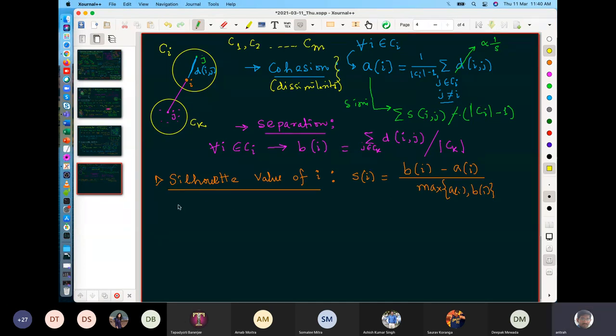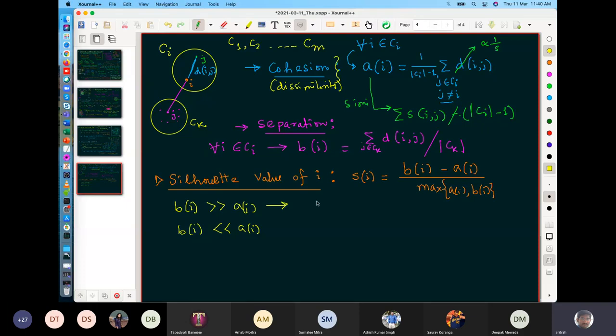One is when b_i is far more than a_i. When both are the same, you can easily understand this will be equal to 0. And the second one of interest is b_i far less than a_i.